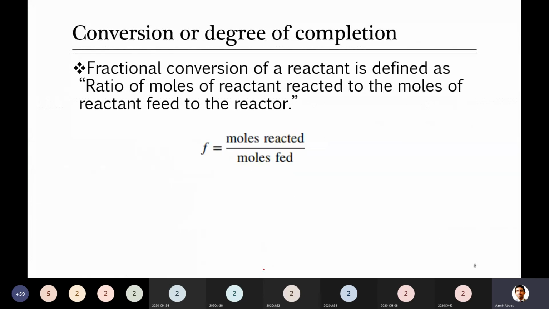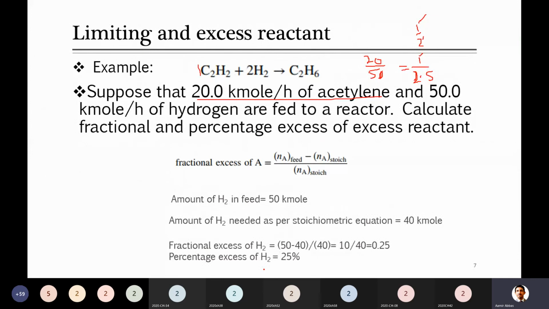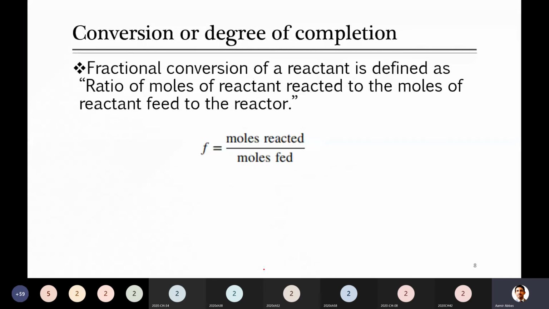The next thing here, that's one thing, limiting and excess reactant. Another thing which you will come across is when the reactants are not in stoichiometric ratio or the reaction is not complete, then there is something called fractional conversion. For any reactant you can see how much it is converted.